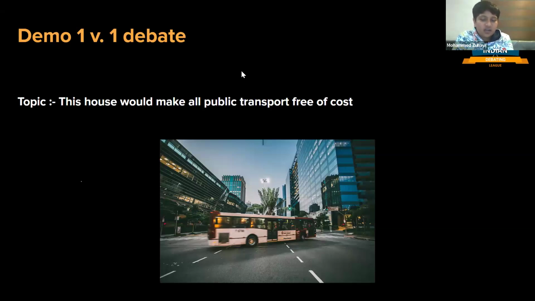Maintaining infrastructure, fuel, salaries, and more. If fares are removed, these costs won't vanish. Instead, they will be paid through increased taxes or cuts in other essential services like healthcare and education. Citizens, whether they use public transport or not, will shoulder this financial responsibility.